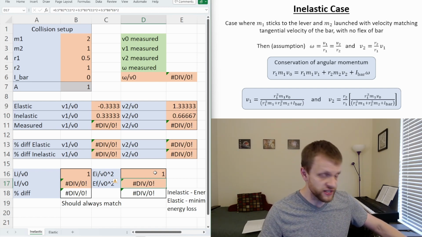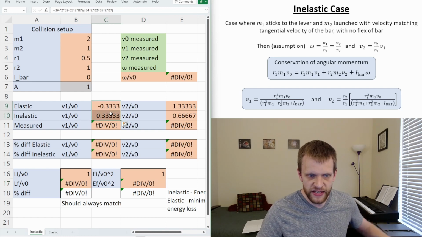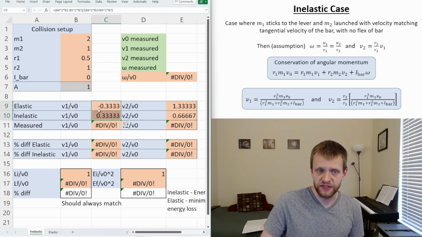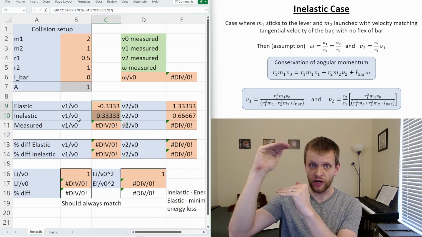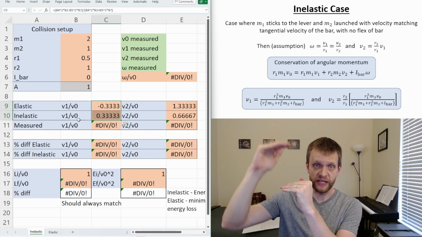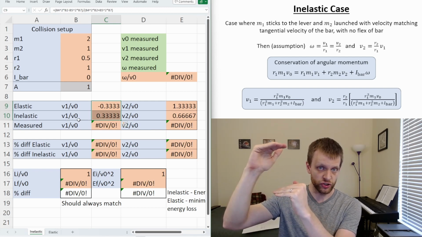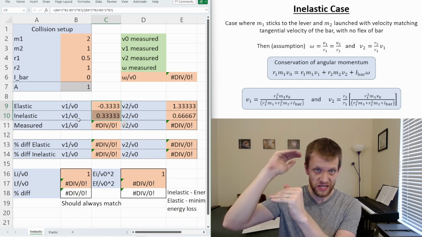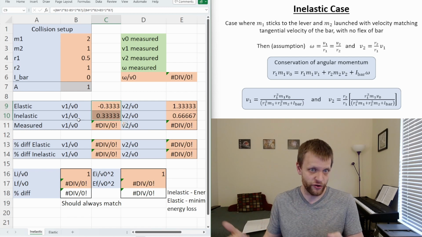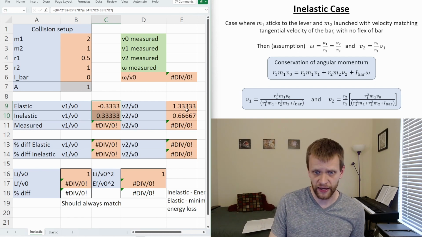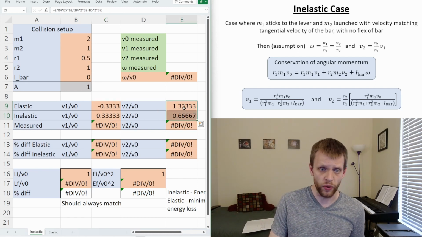So when we're making these comparisons, these ranges for what we would expect to get in the elastic case and the inelastic case for object 1 give us a range: we should get somewhere in here for the actual values of our measurements. Again, it's not going to be perfectly one or perfectly the other. I'm trying to make the setups as accurate as I possibly can, but we're not going to get that. Same thing for object 2. We're not going to get these exact numbers, but the number that we do get should be in between these values.